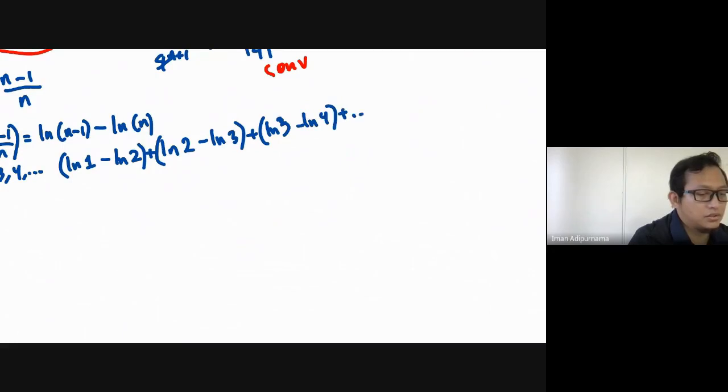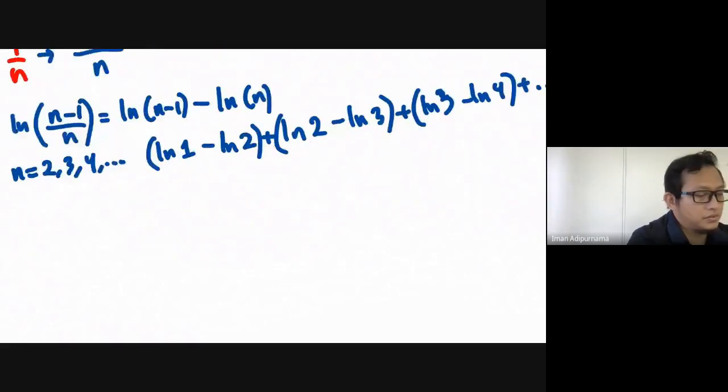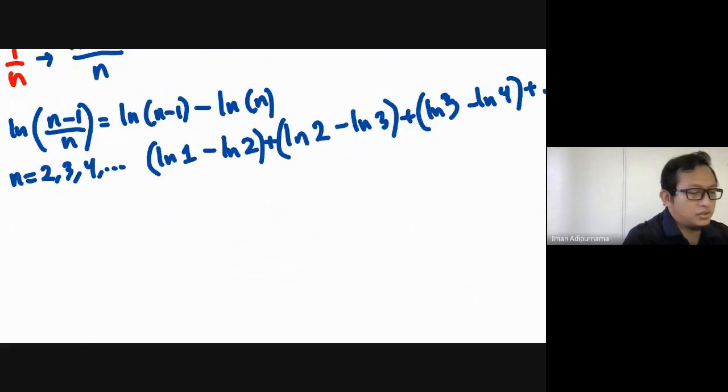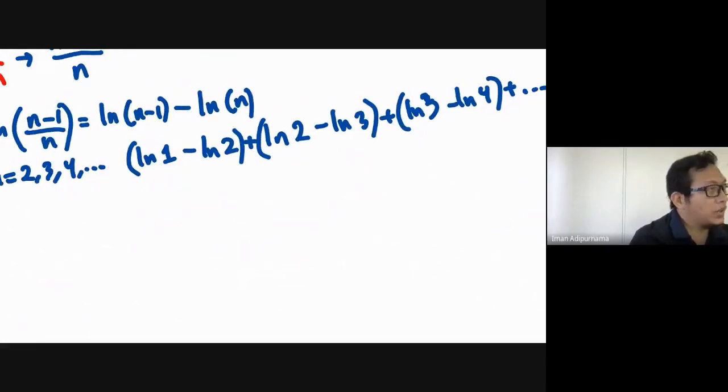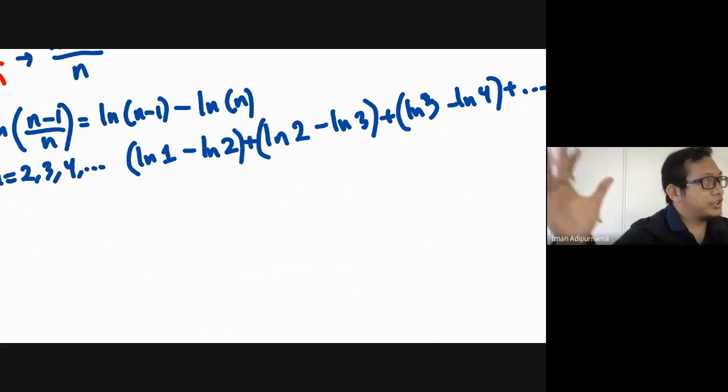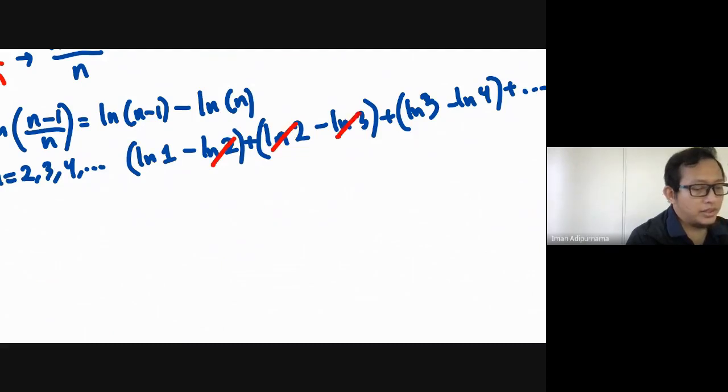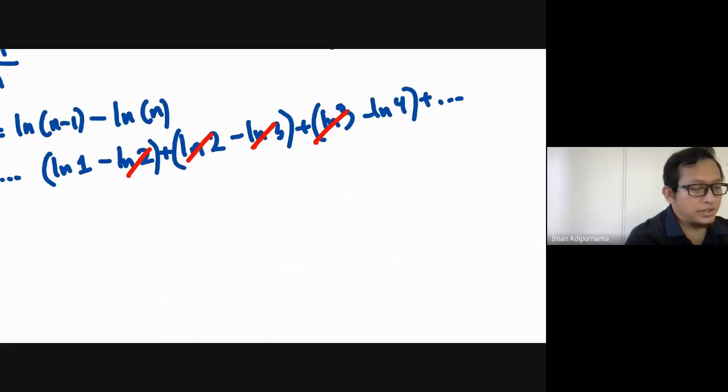So what kind of sum is this? This is called the telescoping sum. I hope you remember. What telescoping sum means is you are actually using a telescope, so you are shrinking and focusing on the first part and the last part. So the middle part will be canceled, right? Like that. So all this will be canceled.